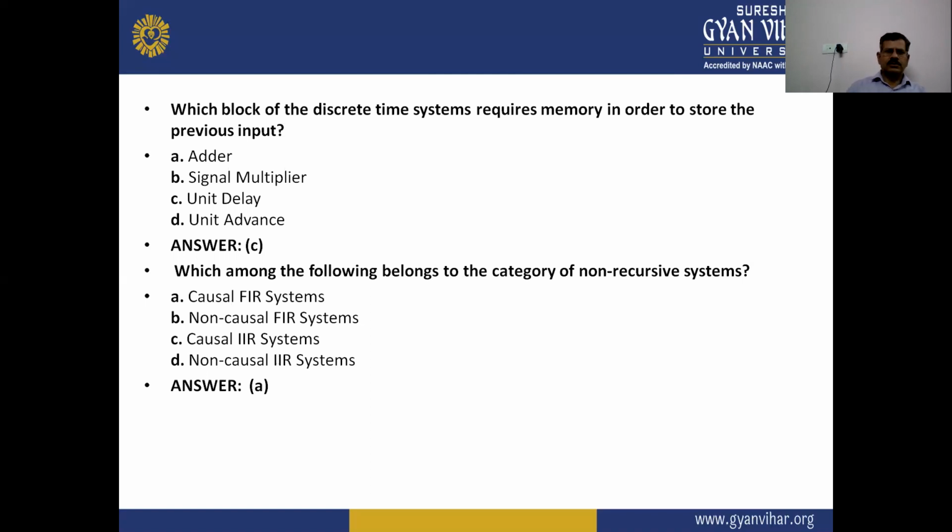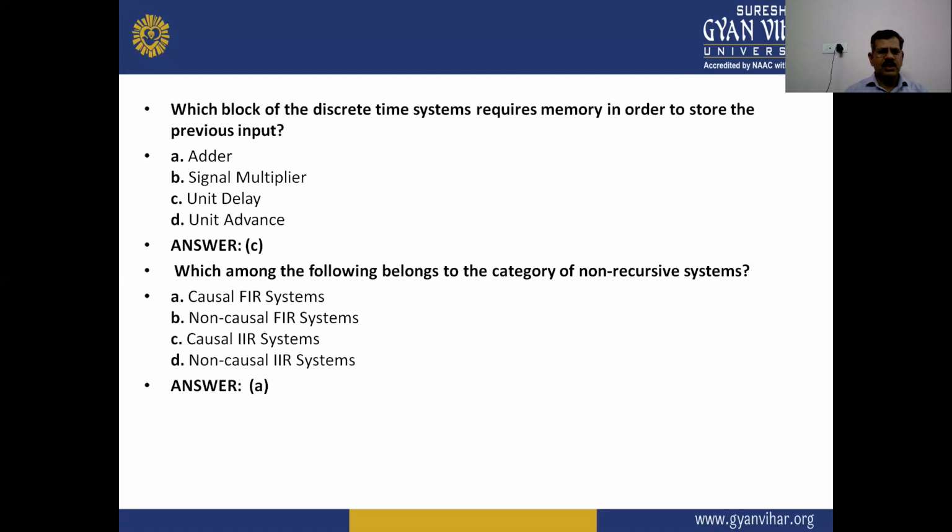In the next question, which among the following belongs to the category of non-recursive systems? Option A, a causal FIR system. Option B, non-causal FIR system. Option C, causal IIR system.